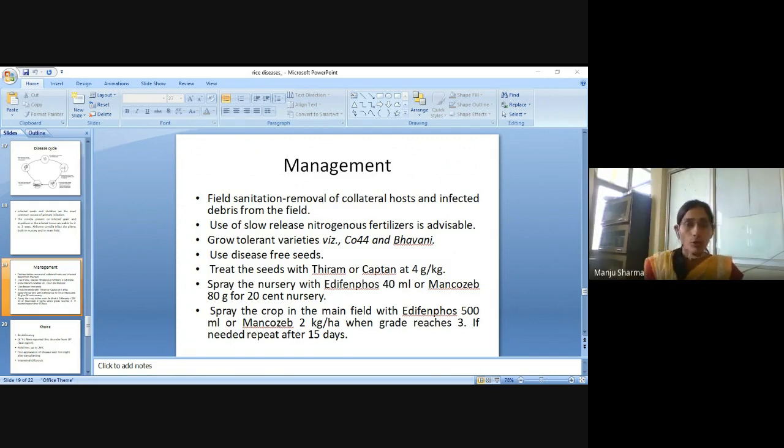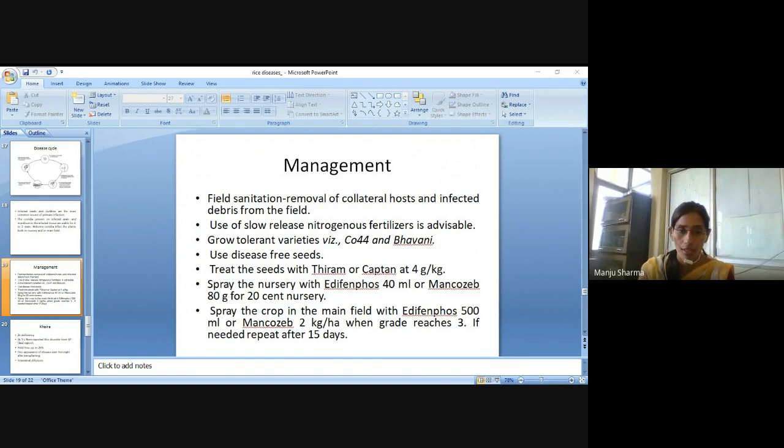Then, grow tolerant varieties like ADT 44 and Bhavani. Use disease free seeds. Then, treat the seed with Thiram or Captan at 4 gram per kg.